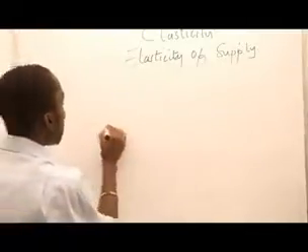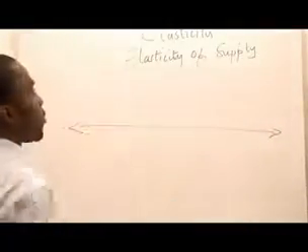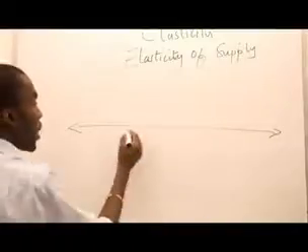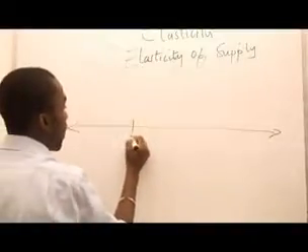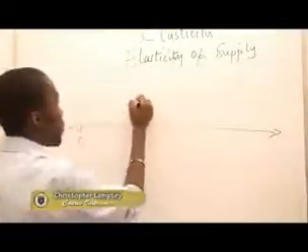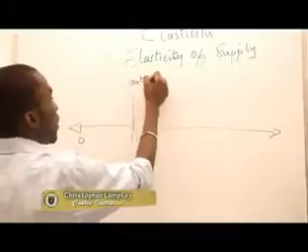So on the scale for either the price elasticity of demand or price elasticity of supply, we'll have our point 0. We have this point to be our unit elastic.